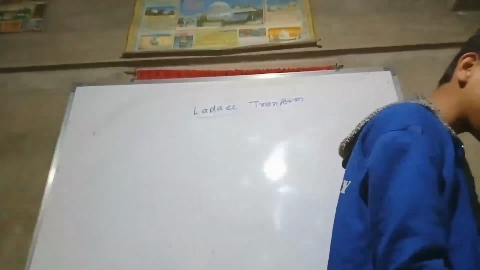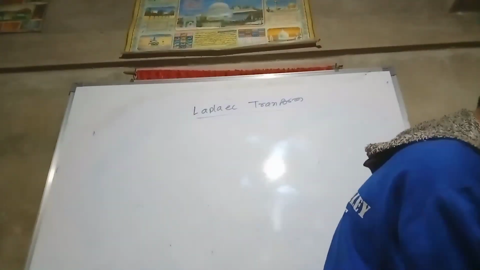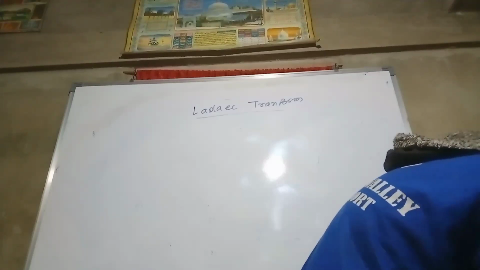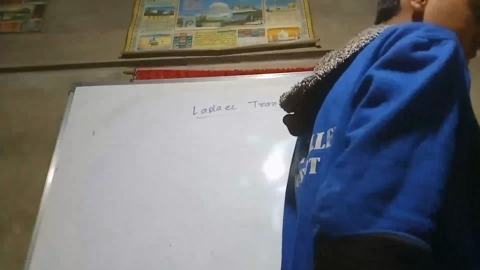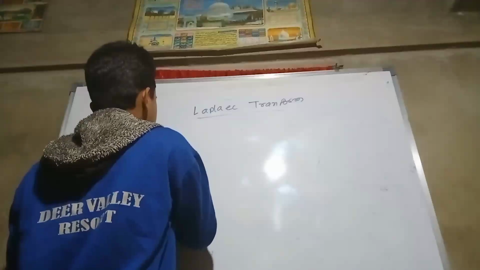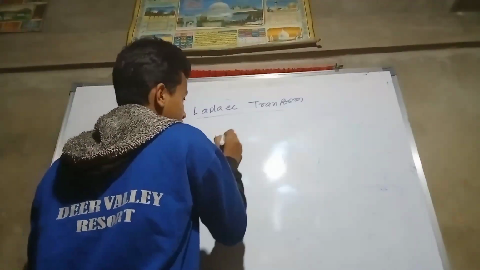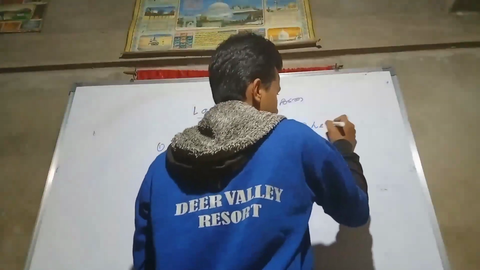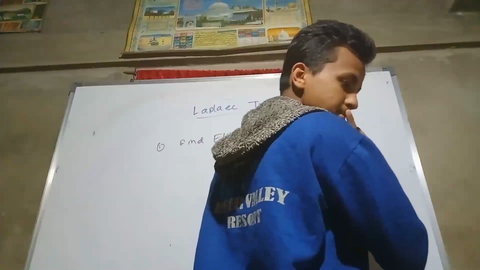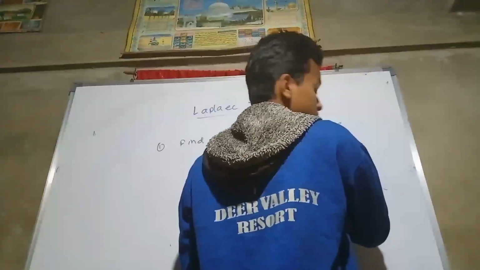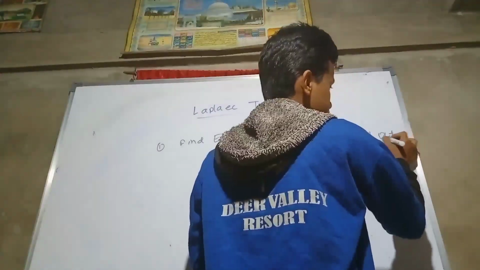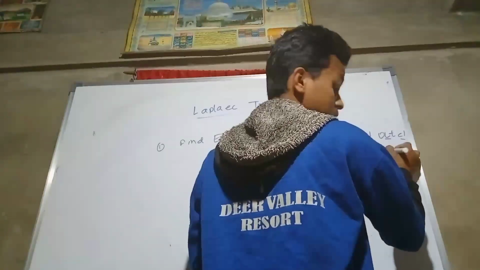Find the Laplace transform of f(t) and f'(t), where f(t) is given by 2t for t greater than 0 and less than 1, and 0 otherwise.